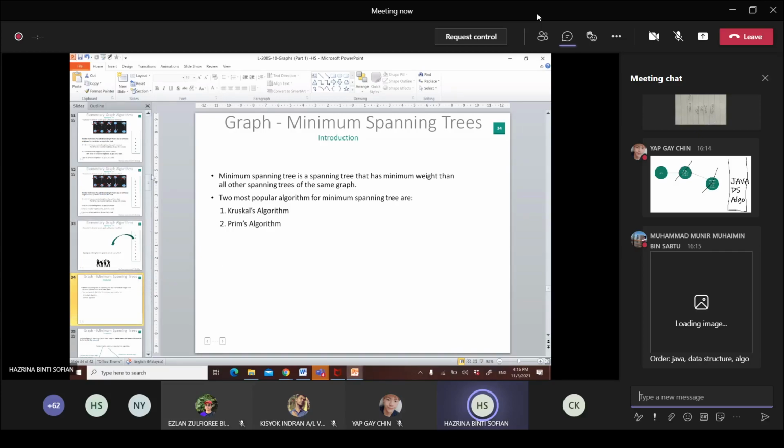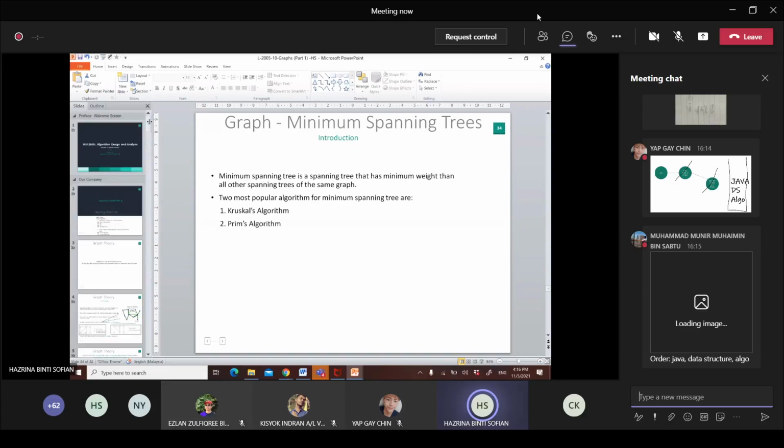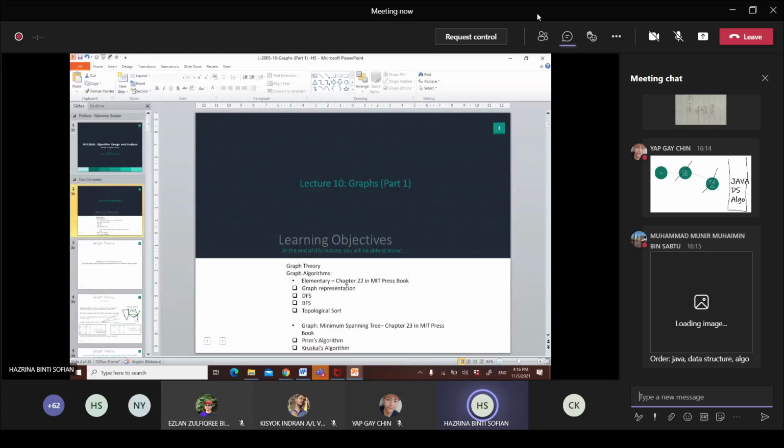Let me know if you cannot see my screen. Remember in the beginning, I said that for the graph algorithm, we're going to learn about the elementary ones. So we have completed all this. So we move to chapter 23, which is the minimum spanning tree. For the minimum spanning tree, we are going to learn only two algorithms, Prim's algorithm and Kruskal's algorithm.